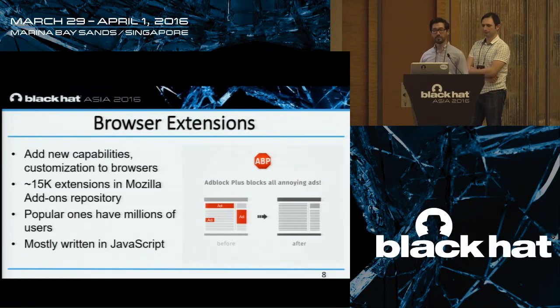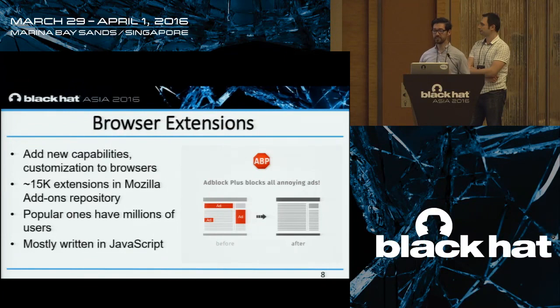If you look at popular instances of these extensions, you'll see that many of them have millions of users. So there are significant user populations that are using extensions, and if these extensions are buggy or malicious, there are significant amounts of users that could be exposed to attacks. The final thing I'll say on this first slide is that, at least for Firefox, the vast majority of these extensions are written primarily in JavaScript, not always.